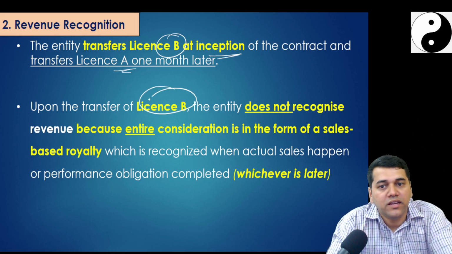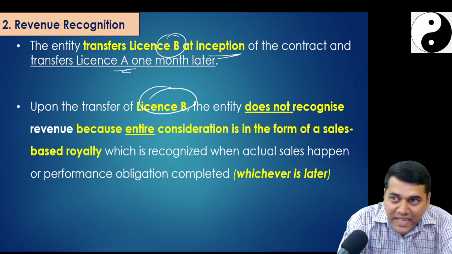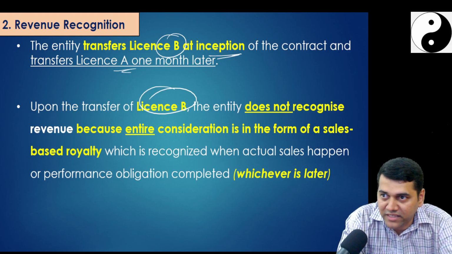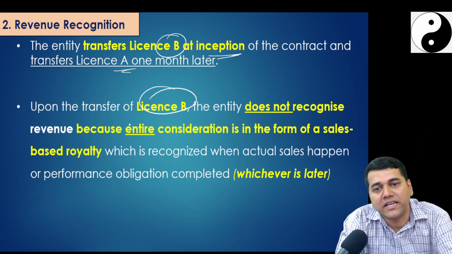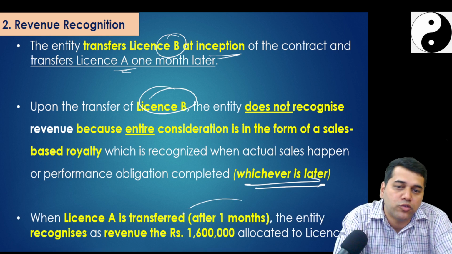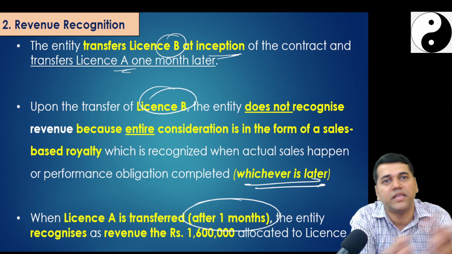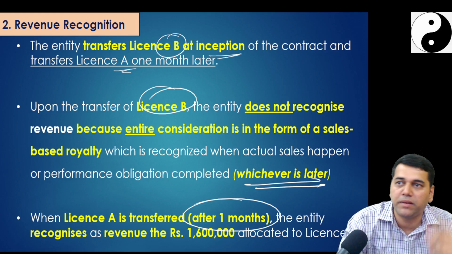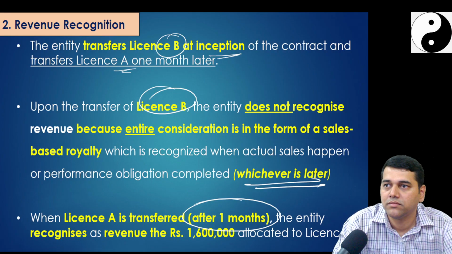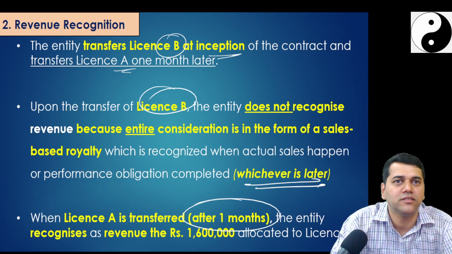Since the sale or usage based exception is applicable to B and sale has not yet happened in the first month at inception, we will recognize the entire consideration as sales or royalty, whichever is later. However, for A, we will recognize only after 1 month because license A will be transferred after 1 month only, and for it the sale or usage based exception is not applicable. Done. This is what they asked.